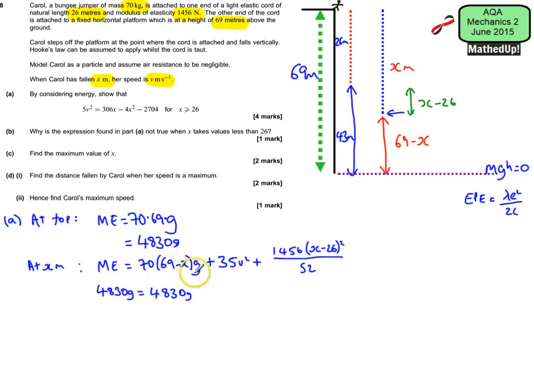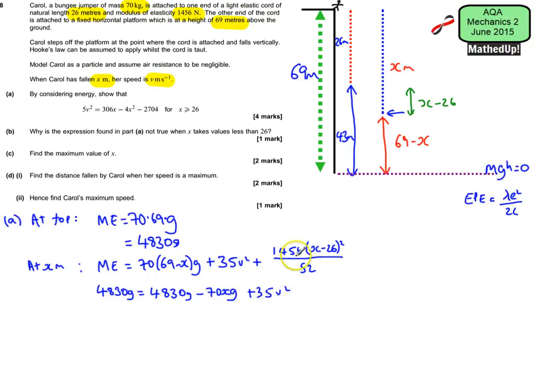We worked that out earlier. And then 70 times X times G is just going to be take away 70 X G, plus 35 V squared.